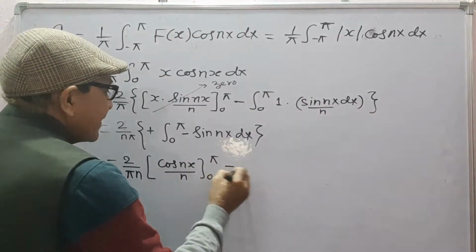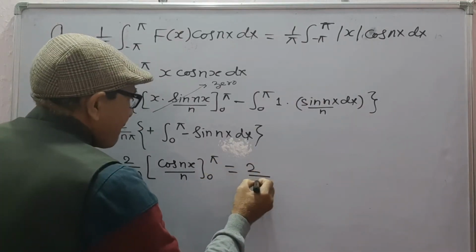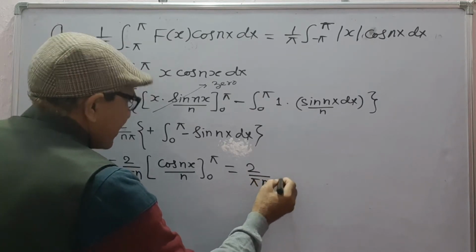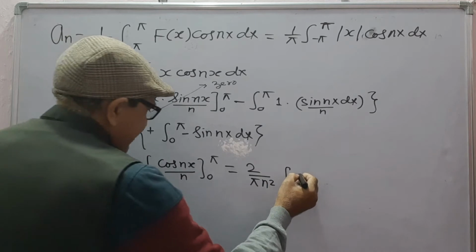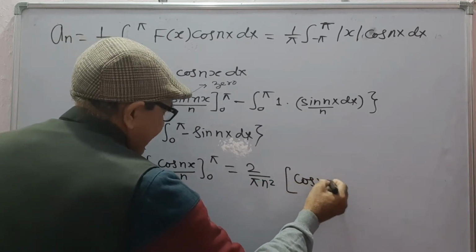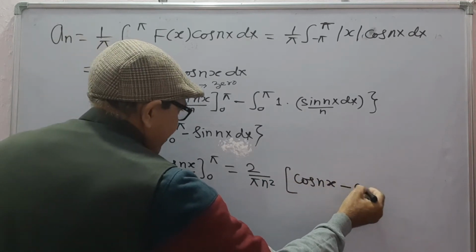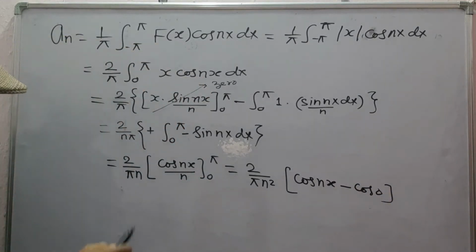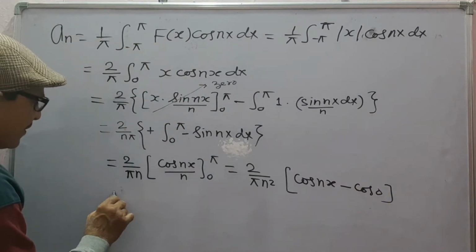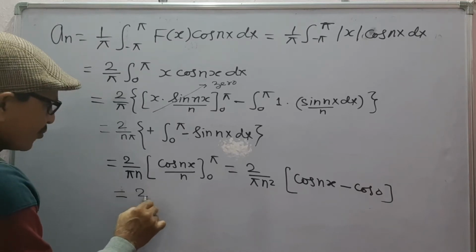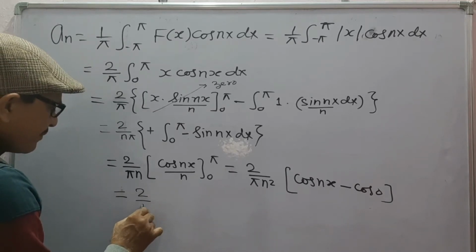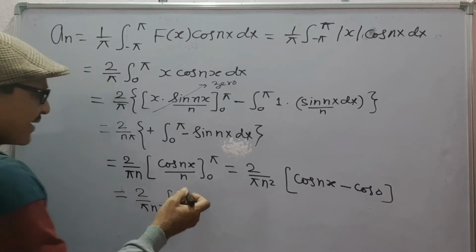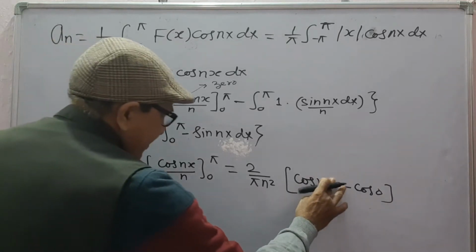So we get 2/(pi n²) times the upper limit cos n pi minus the lower limit cos 0.